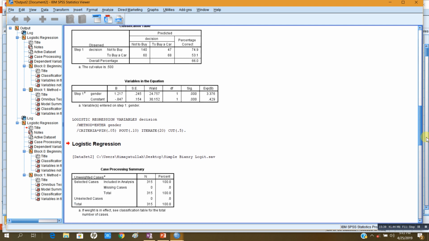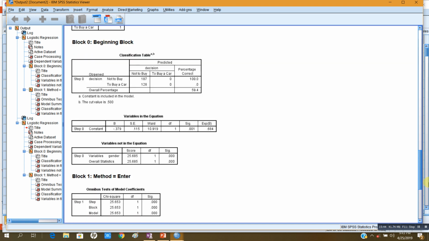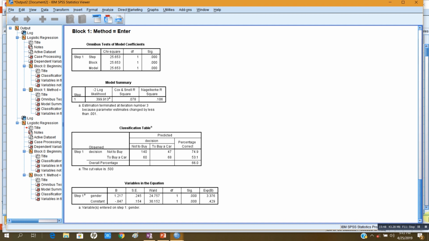So I have estimated this equation twice, so these are the same. Now let me go back to my presentation and I will explain these tables one by one.